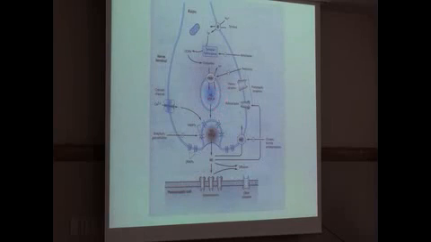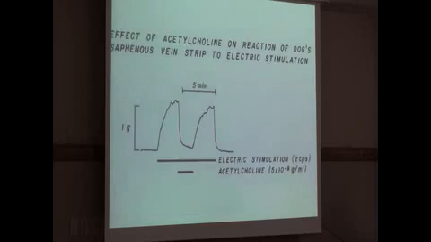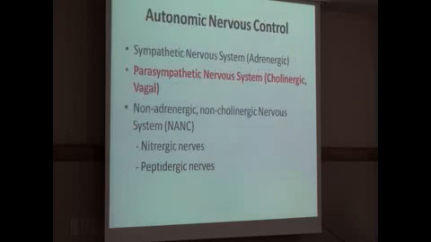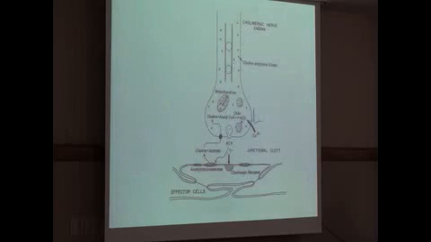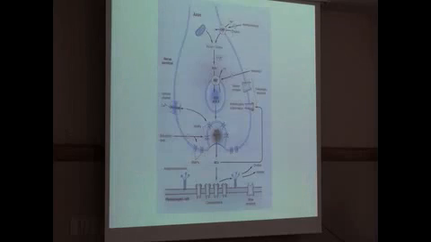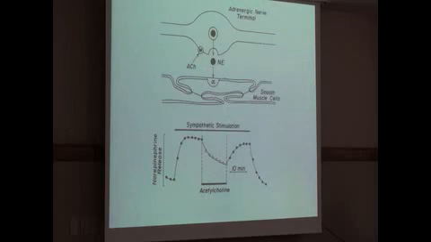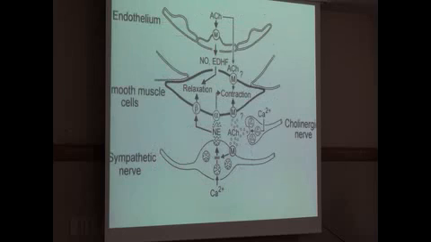So there are peptides that can be released by adrenergic or cholinergic nerves, but there also are nerves that specifically release peptides at their ending. Also, sometimes sensory nerves are in the tissues and they will release peptides and they can contribute to vascular control.